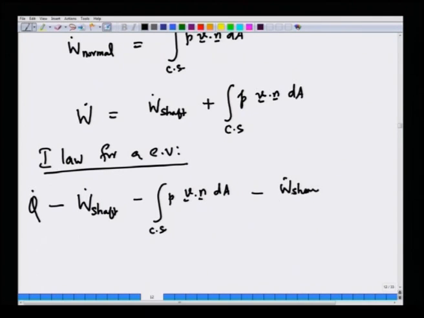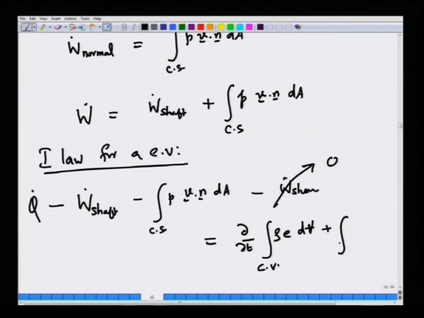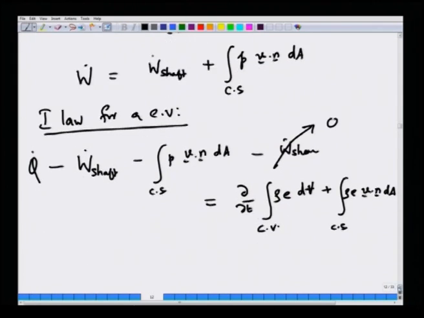In general, by choosing the control surface appropriately, we can set W dot shear to 0 exactly. So, this is equal to the rate at which energy is changing within the control volume plus the rate at which energy is entering or exiting the control volume by virtue of flow. This is on application of Reynolds transport theorem.